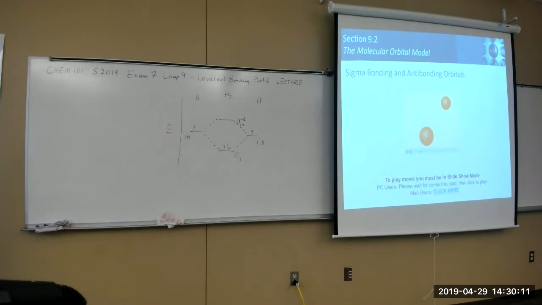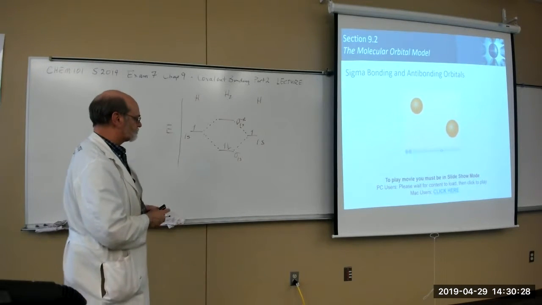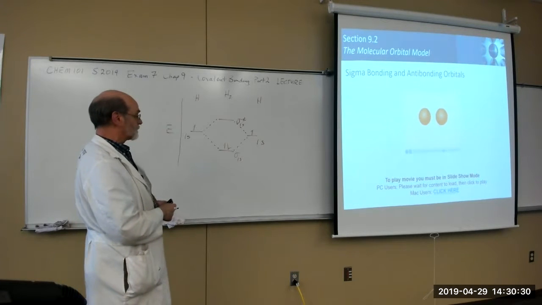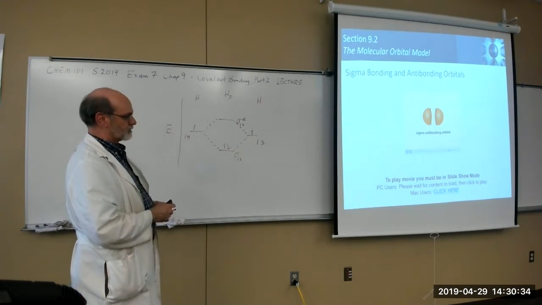S orbitals on different atoms can combine to form molecular orbitals. As 2 hydrogen 1s orbitals approach one another, the orbitals combine with an increased electron density between the atoms. The result is a sigma bonding orbital. S orbitals on different atoms can also combine by subtracting the 2 1s orbitals. A decrease in the electron density between the atoms is observed, resulting in the formation of a sigma antibonding molecular orbital.